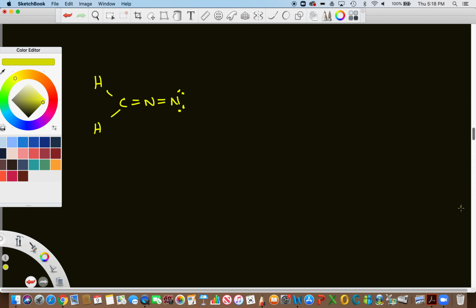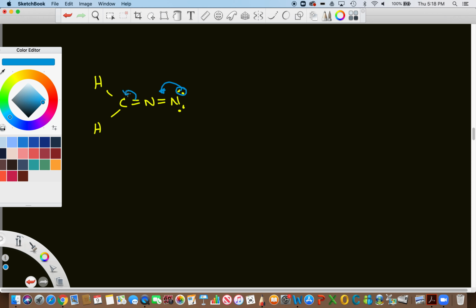So here I have another one. Let's see. Right now this is 8, 8, and 8, so we're good. A pair of electrons here could form a triple bond. But now this nitrogen has too many electrons.